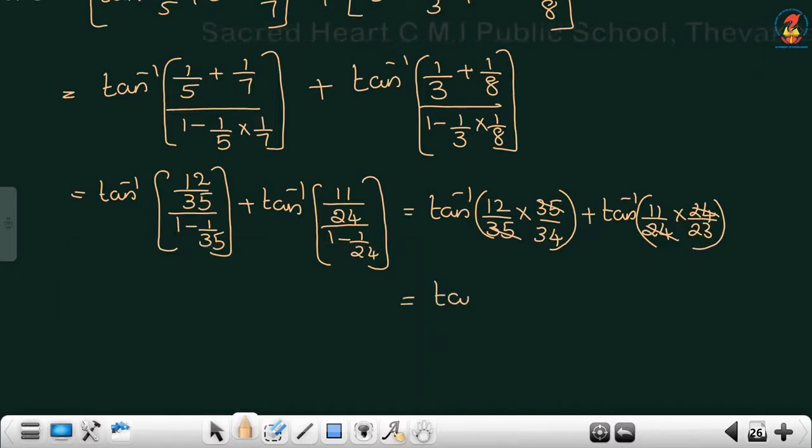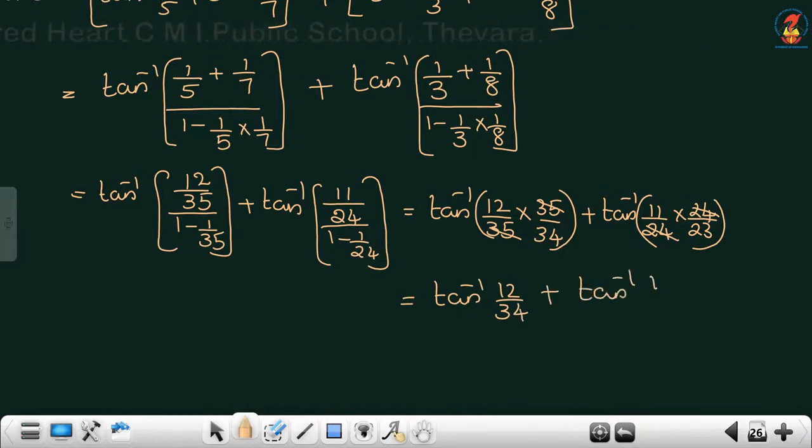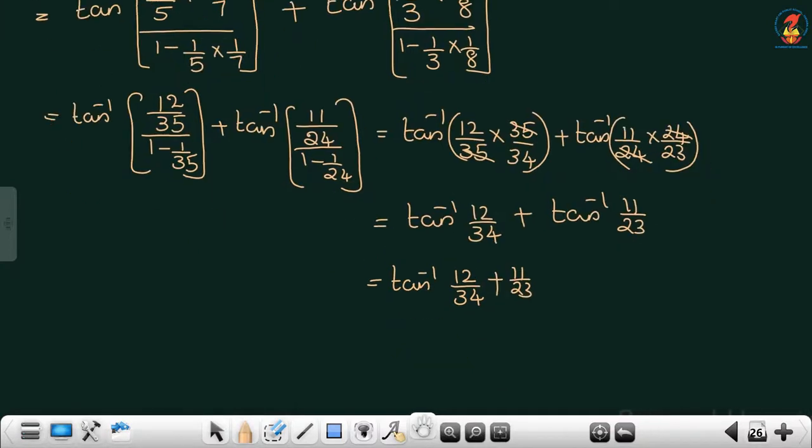So again you have to use the addition formula. Tan inverse 12 by 34 plus tan inverse 11 by 23. Again tan inverse x plus tan inverse y is tan inverse of x plus y divided by 1 minus x into y.